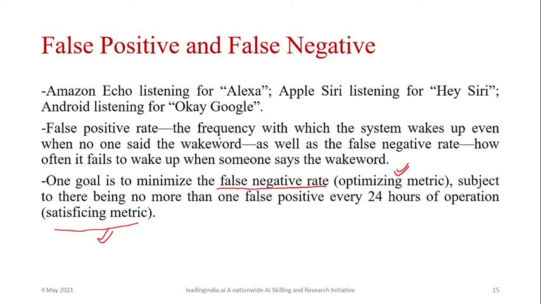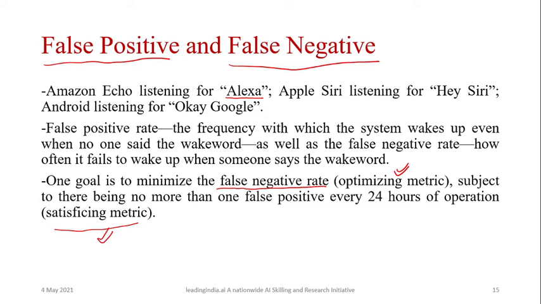Let's take another example: Alexa or Google Home. In that case, we have two metrics: false positive and false negative. A false positive means you have not spoken or instructed anything to Alexa, but it starts doing something.